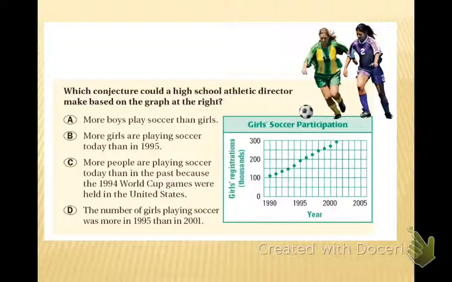Based on that graph, which of these four would be a good conjecture to make? Shelby, what do you think? B? Is that what you said? B as in boy? Okay, what's wrong with A?